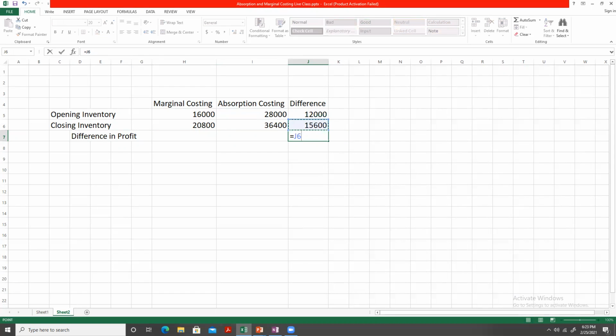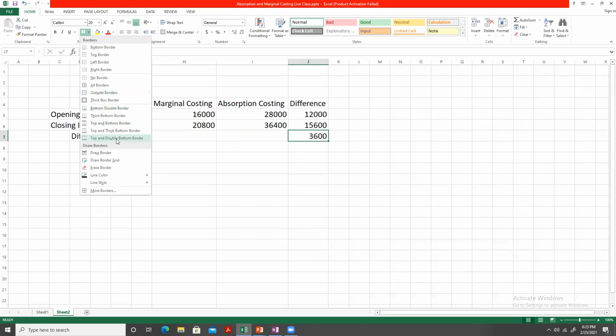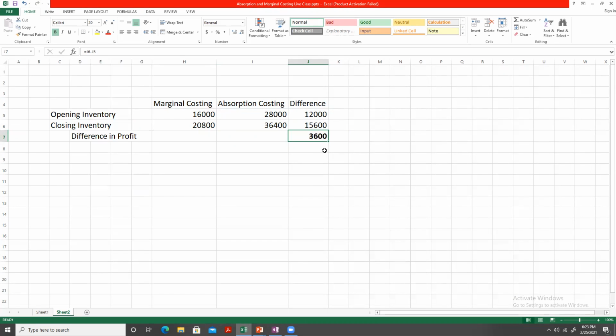Now, if we take the difference, how much will be the difference? The difference in profit should be 3,600. The difference in profit is 3,600. How did I calculate this?